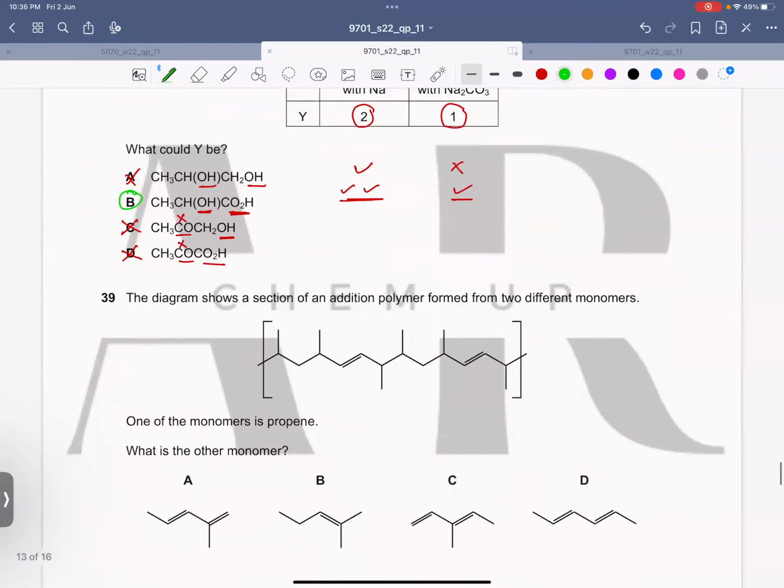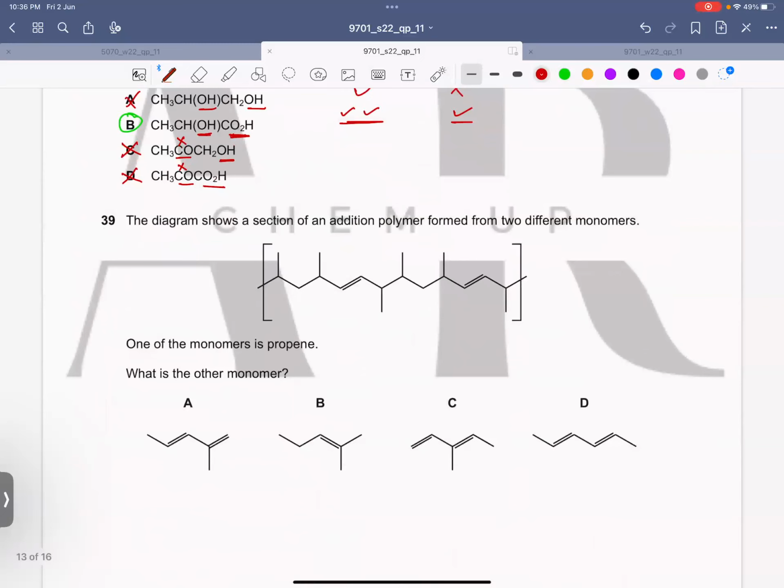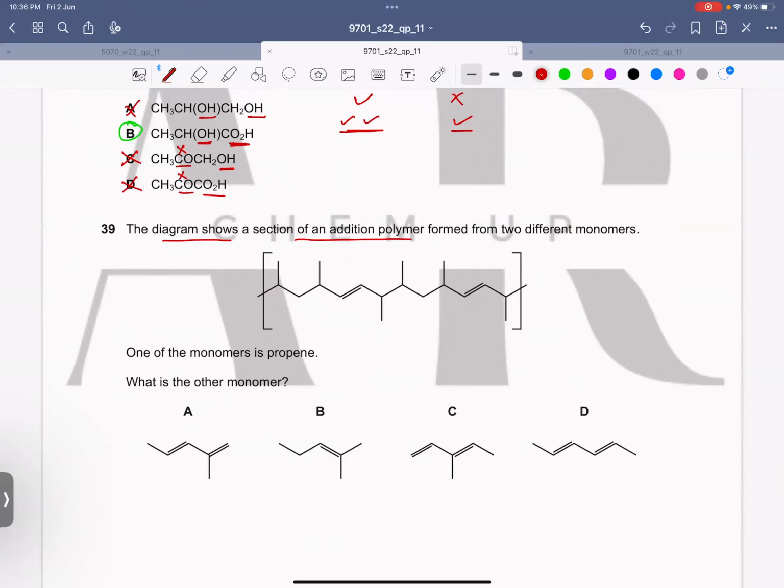Now question number 39. The diagram shows a section of an addition polymer formed from two different monomers. One of the monomers is propene.